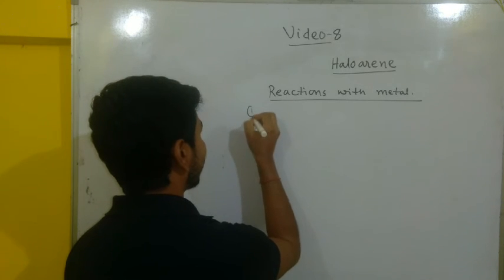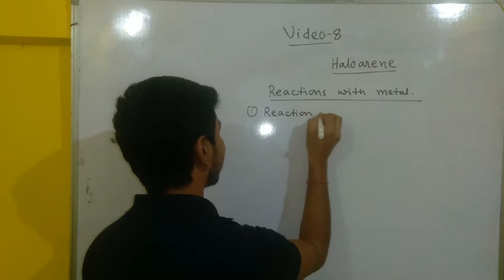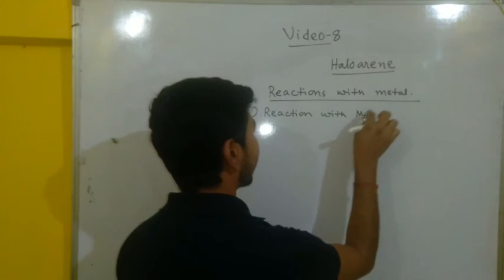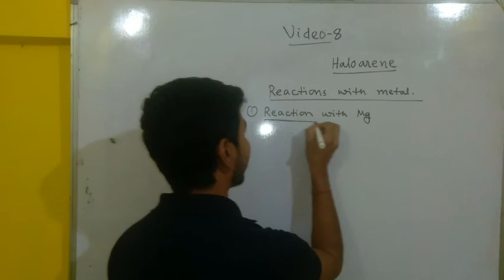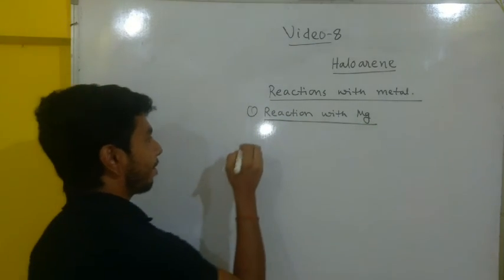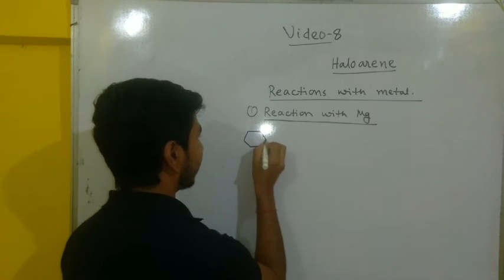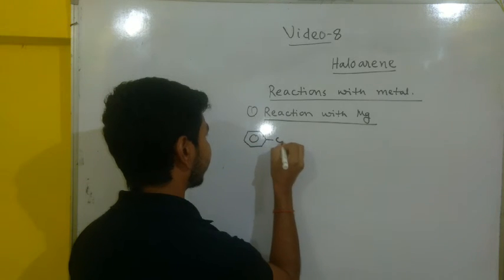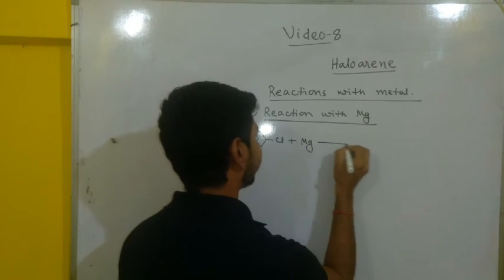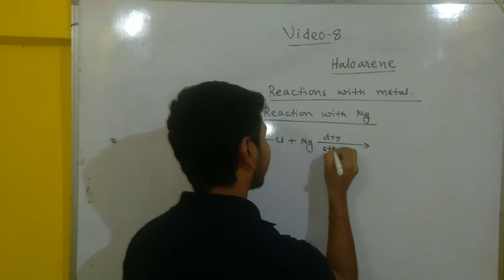First reaction is the reaction with magnesium. Chlorobenzene upon treatment with magnesium in presence of dry ether.